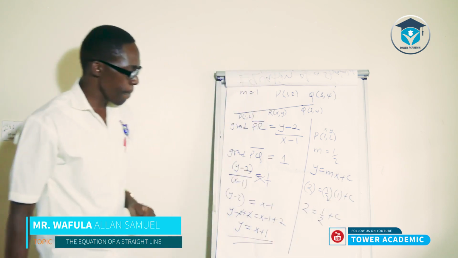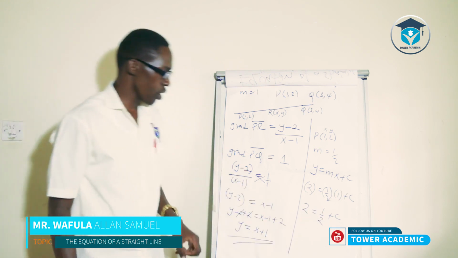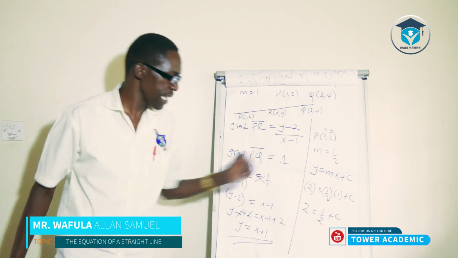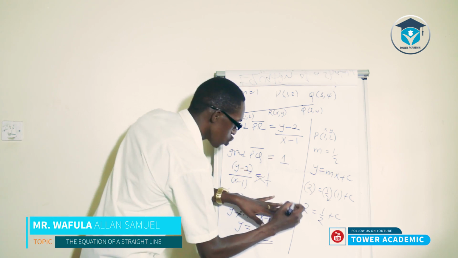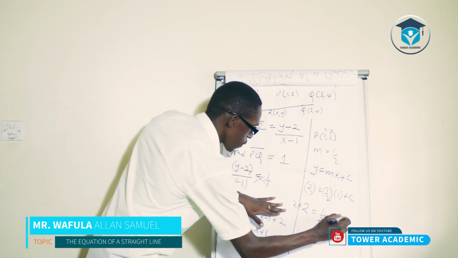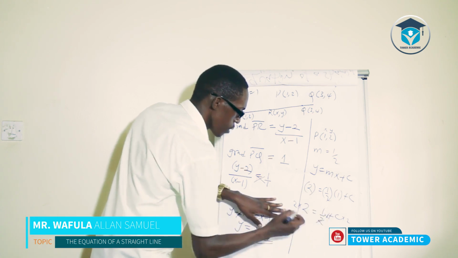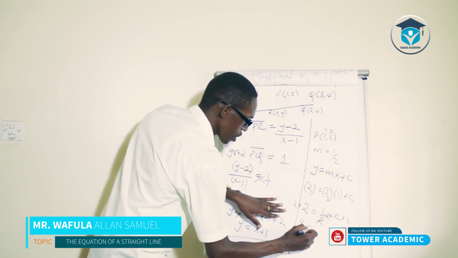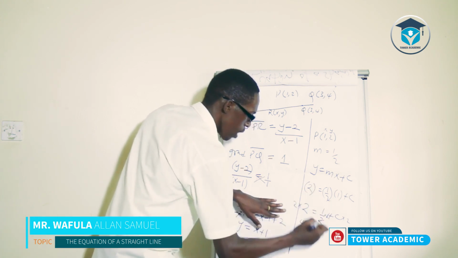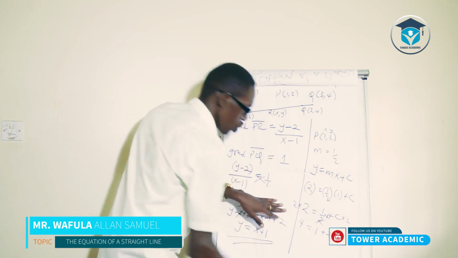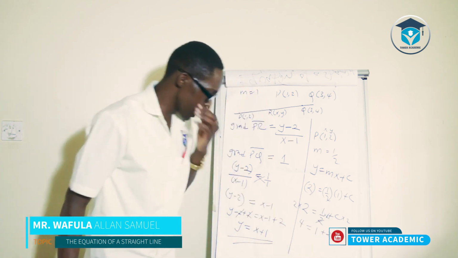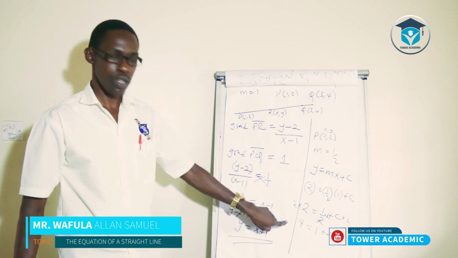Then when you reach here, how would you get the value of c? What you do, you make everything linear by multiplying this side by 2, also this side by 2, multiply everything by 2. You find that this 2 will go with that 2. Then 2 times 2 gets 4, which will give us 1, because here we are remaining with the 1, then plus 2c. So to make c the subject, this one will have to cross the equal sign.